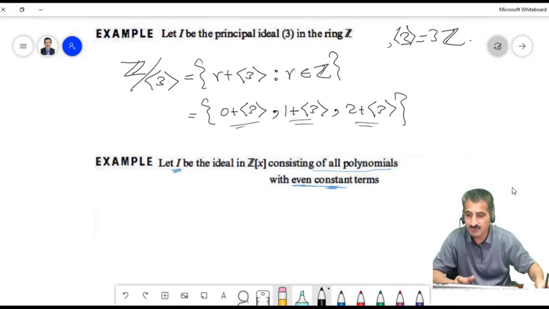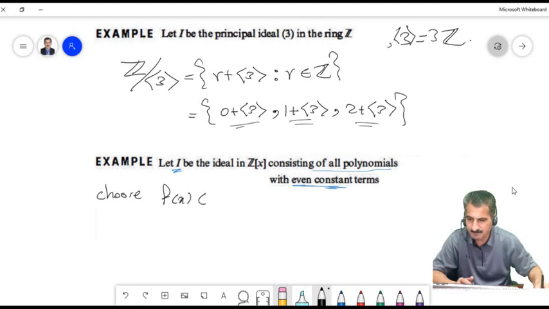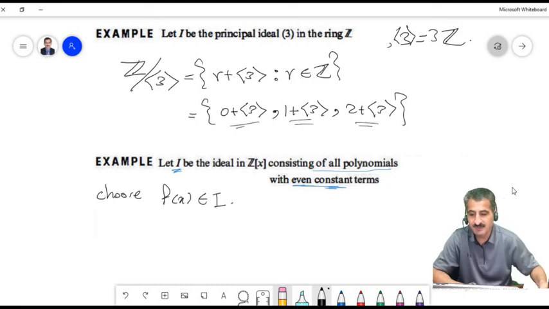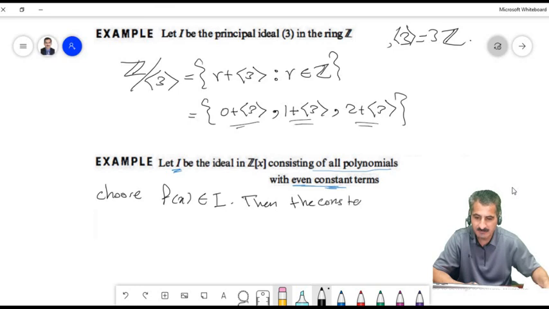So choose f of x which is not in I. Okay, that means the constant term of f of x is odd.